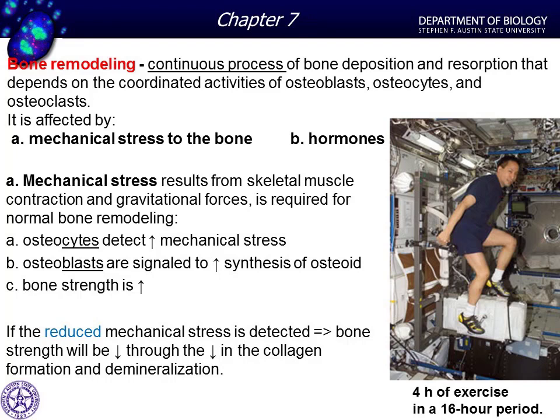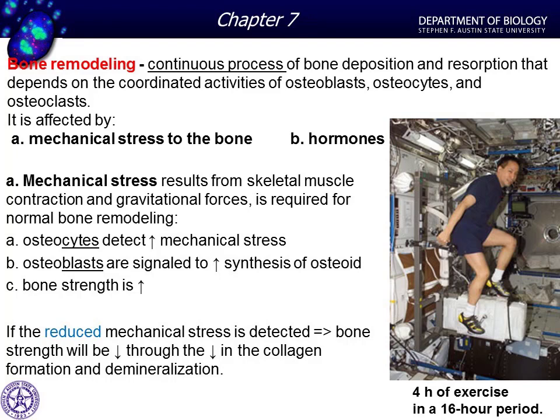Your body is lazy. Don't look at the guys, okay? No, our bodies are lazy in the sense that our bodies are built to conserve energy. And if you're not using it, then why are you paying for it? And so your body says, look, we're not stressing our bones, so you know what? We're going to get rid of the bone.